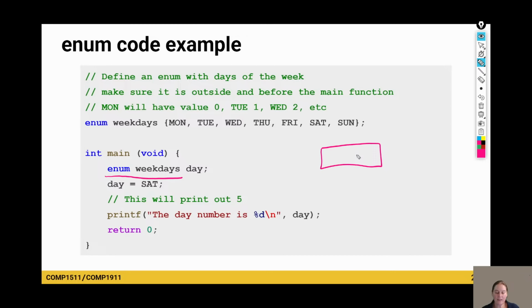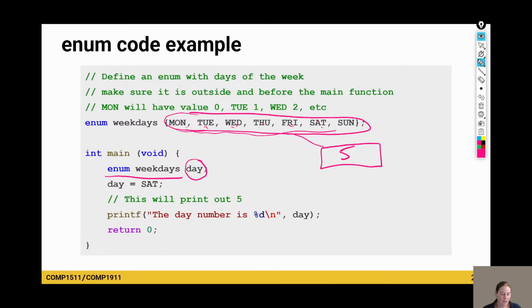And the one thing it can store is one of these values, right? So I can say day equals sat, Saturday. And it's actually going to store the underlying value 5: 0, 1, 2, 3, 4, 5. So I can only store one thing in my enum variables, but we enumerate all the possible values it could contain, right?